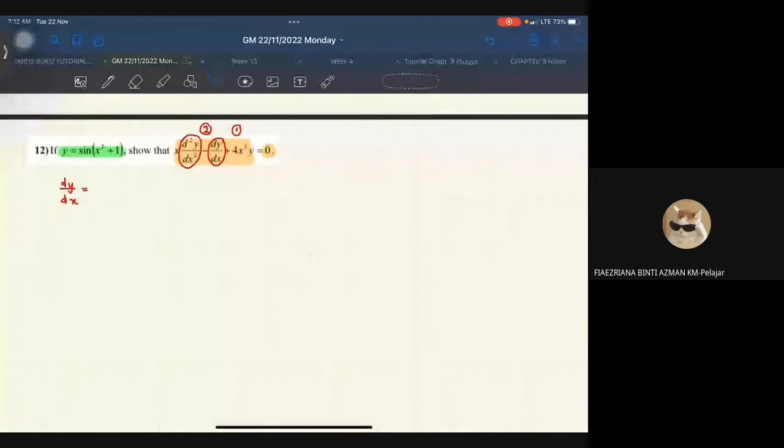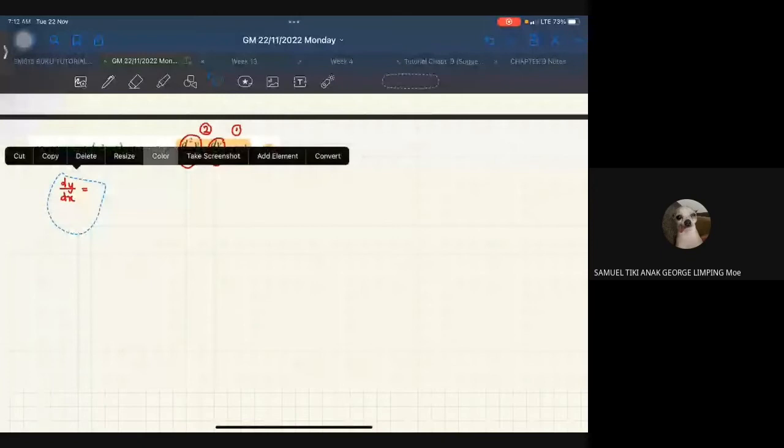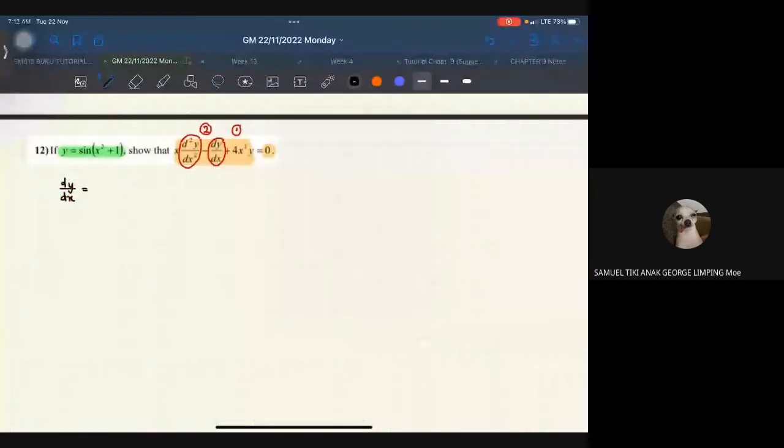Okay, so bila kita differentiate sign, kita dapat apa? What do we get when differentiating sign? Cos. Cos, exactly. Okay, so differentiate sign, awak akan dapat cos. So tulis the cos and then you copy everything that is inside the bracket, which is x square plus 1.